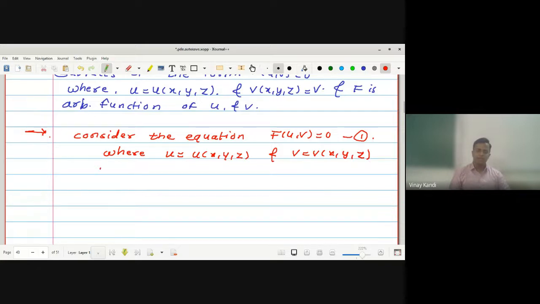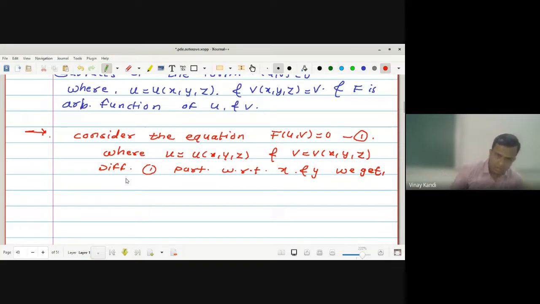Now differentiate 1 partially with respect to x and y. Pay attention. First differentiate partially with respect to x and y.